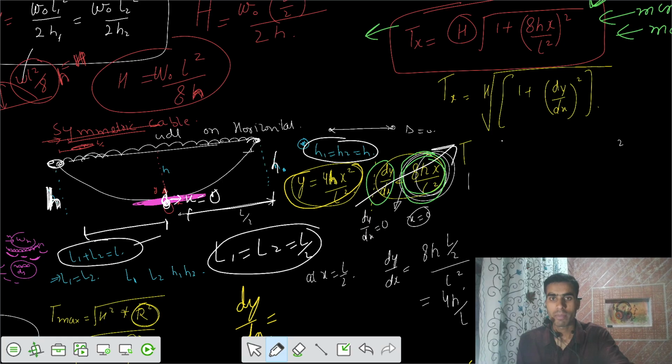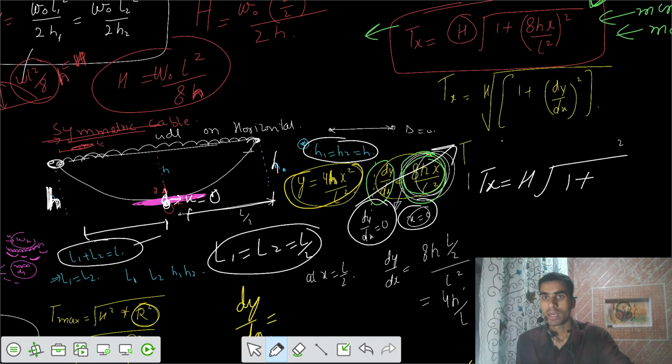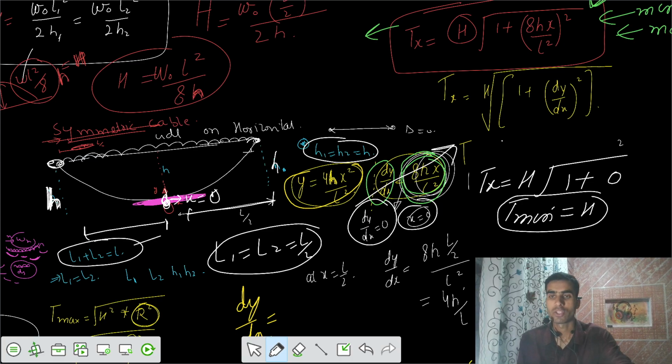If I substitute that value here, Tx is equal to h times the square root of 1 plus 0. So finally I get T minimum equals h, the horizontal value of h.